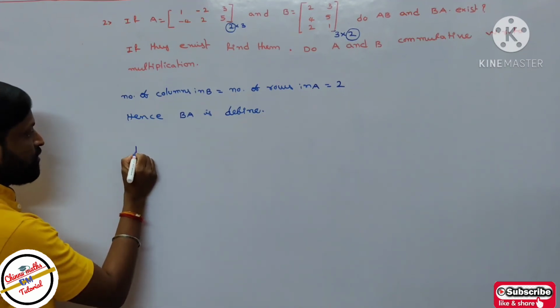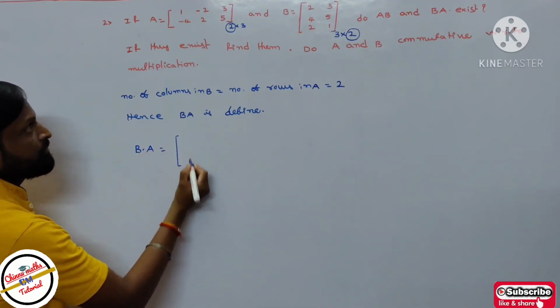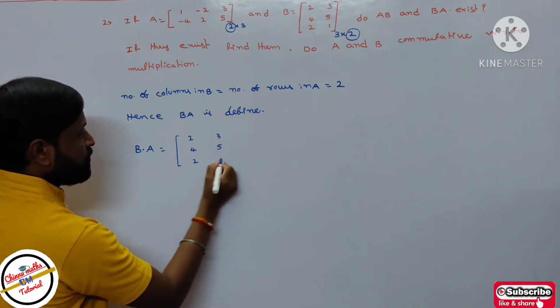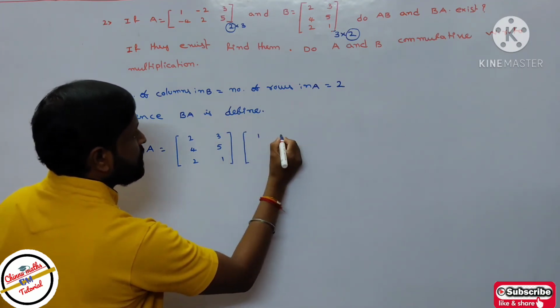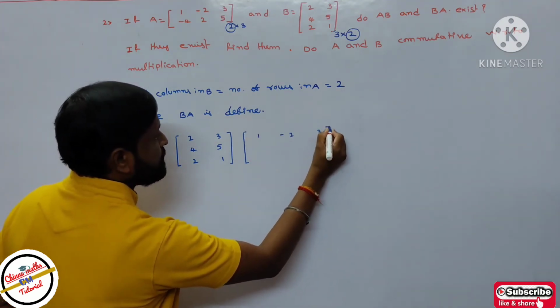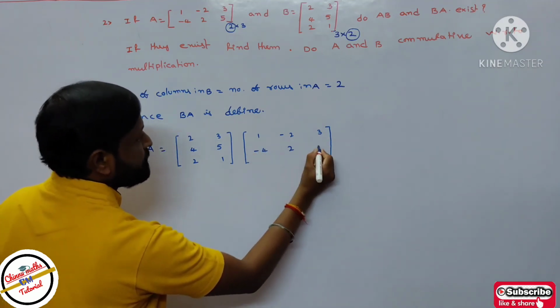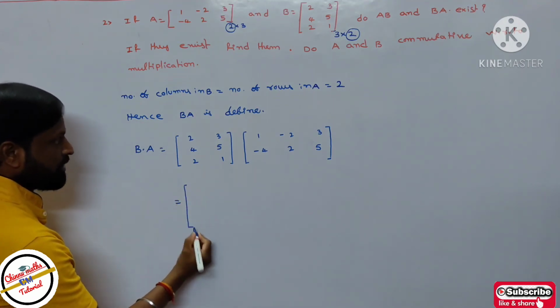Then you can find the product B into A. First write the matrix B: 2 3, 4 5, and 2 1. After that write the matrix A: 1 -2 3, next -4 2 5. So then directly you write the product.